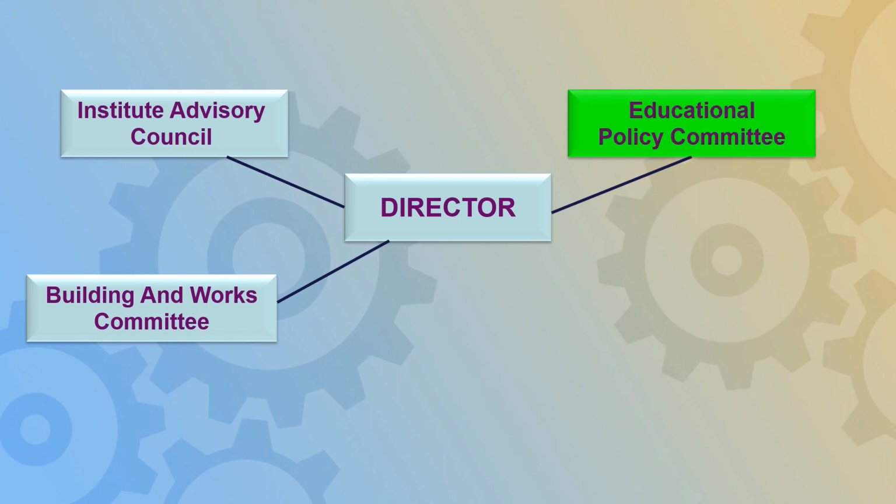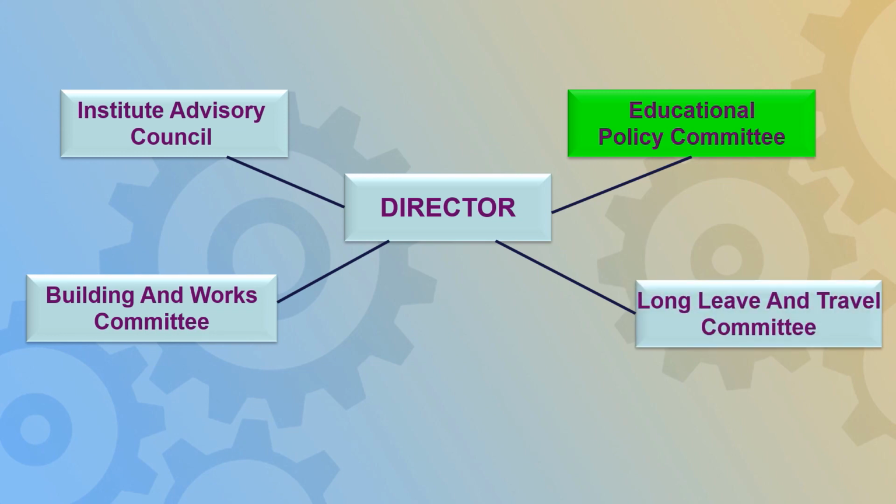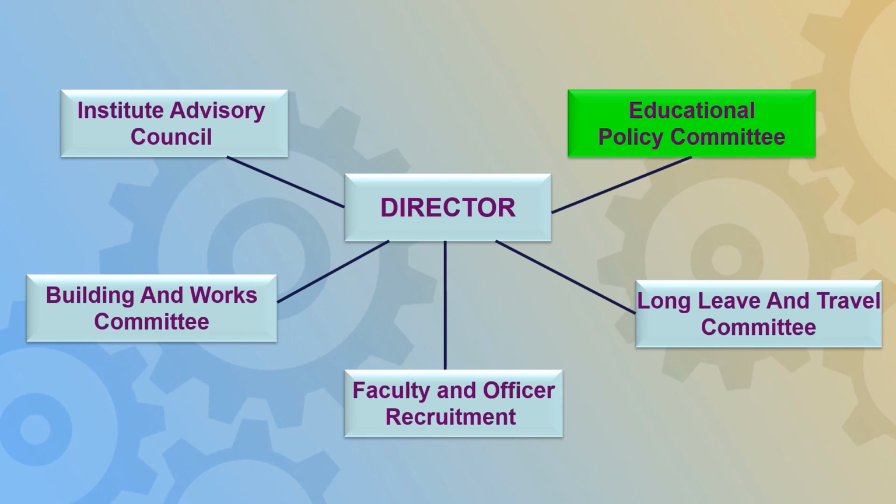In all other Senate standing committees, there is a separate chairman elected by the members. Only in the Educational Policy Committee, the director, who is also the chairman of Senate, is the chairman of this subcommittee of Senate. Then the Long Leave and Travel Committee and Faculty and Officer Recruitment. For all those who are actually board appointees, the chairman of the selection committee is the director.